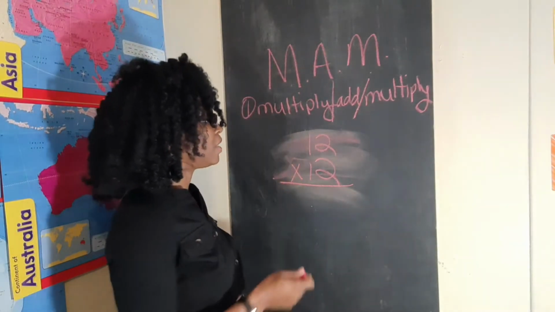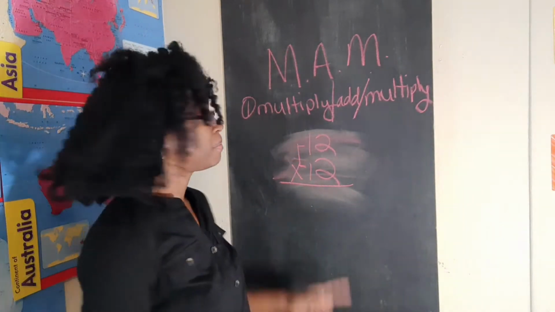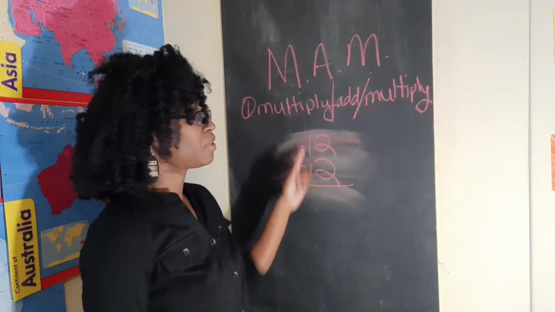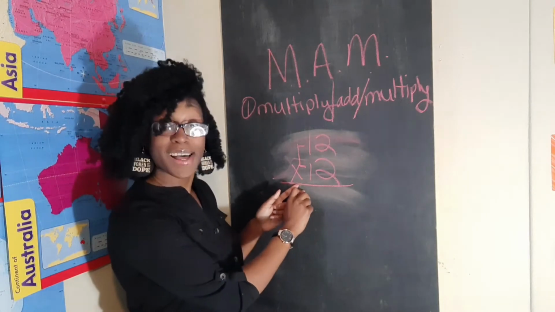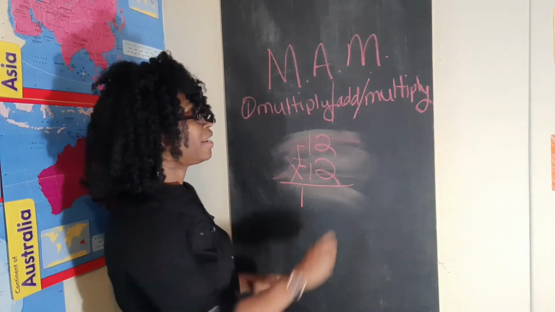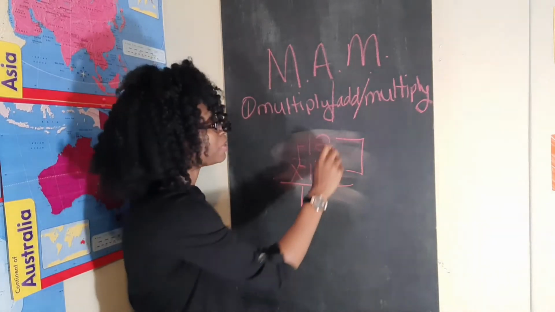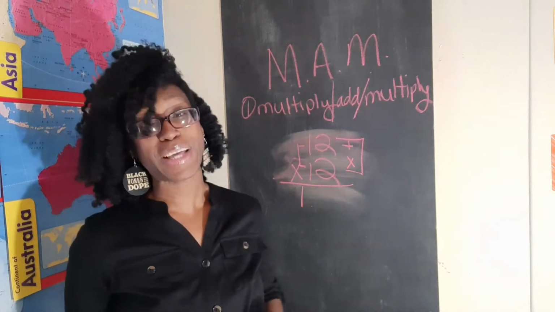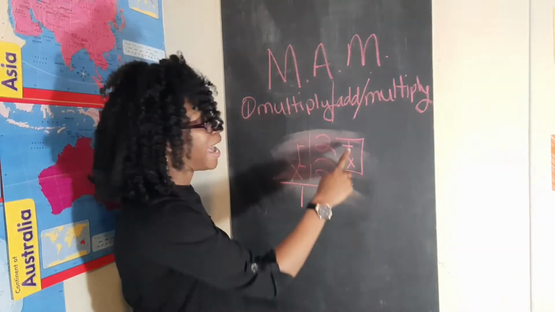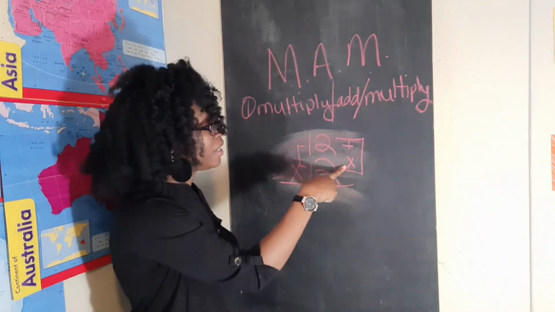So with the MAM method, all you do is first multiply your tens column. Your very first column, you're going to multiply 1 times 1, which is 1. Now, the second column is where you do your last 2 steps, which is add and multiply again. When I teach the MAM method to my students, I let them know to add a plus sign at the top and a multiplication sign at the bottom.